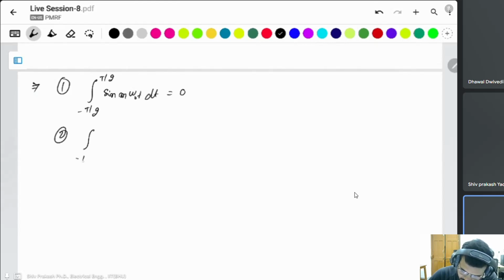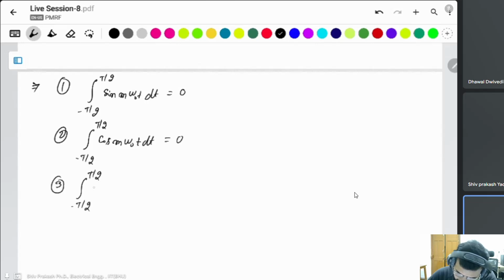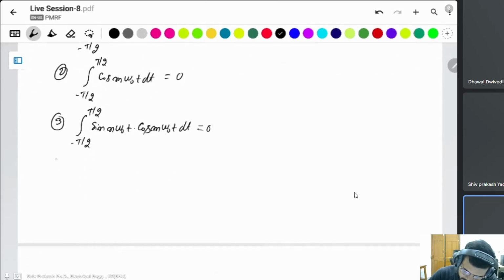Second one, integration of a cosine signal for a time period is also 0. Third one, multiplication of sine and cos signals. This will also be 0.